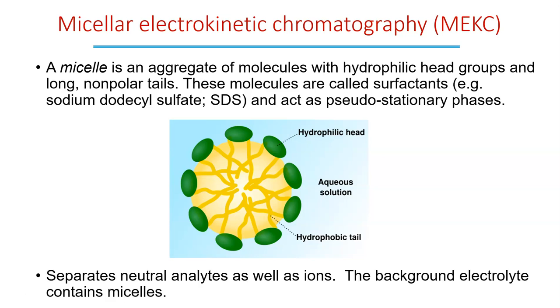What we can do now is separate neutral analytes as well as ions, because the neutral stuff can get hidden in these micelles, but the degree to which they'll intercalate or insert themselves into the micelles is going to depend on their structure. It's going to be just like a stationary phase in reverse phase chromatography.